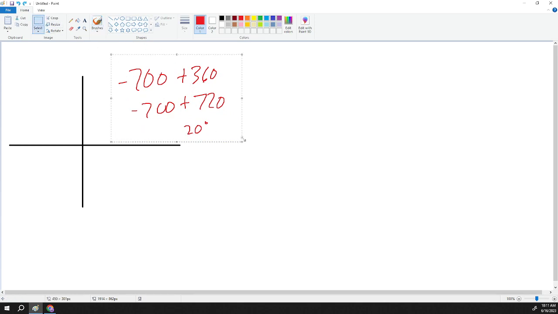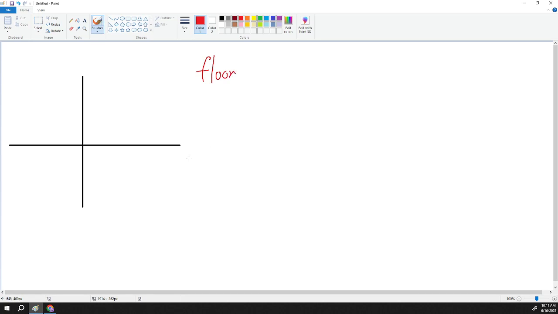Okay, so modulo will not work. Absolute value will not work. Adding 360 will not work, but somehow we could use 360 somewhere. All right, and to give you guys a clue, you need to use floor somewhere in this computation.